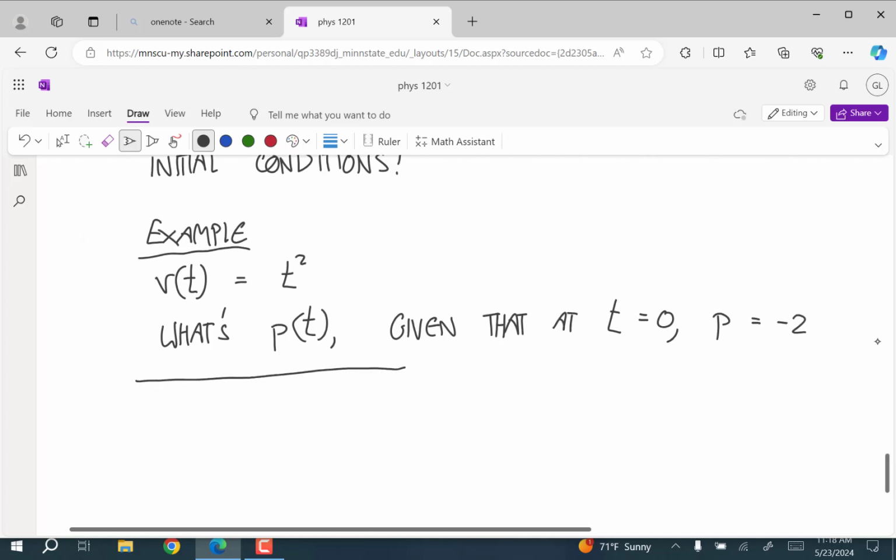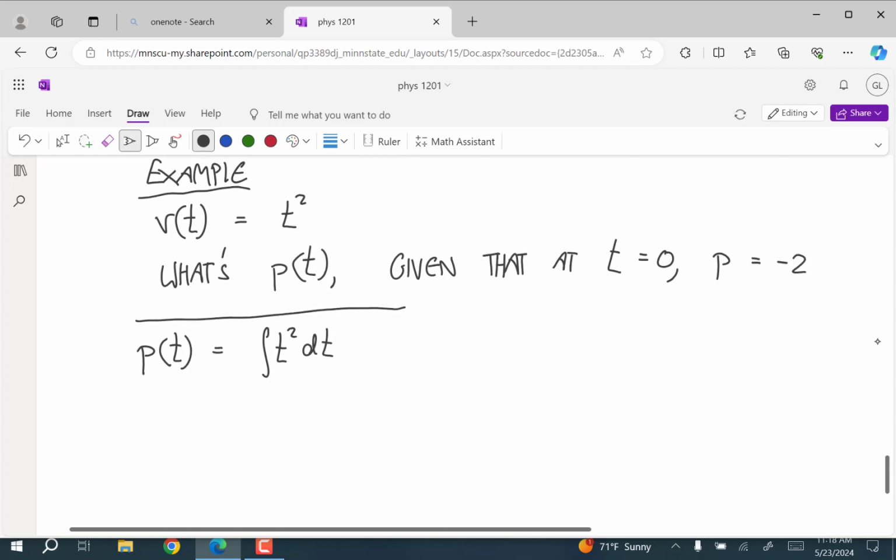Well, to find position as a function of time, we have to integrate this velocity as a function of time. And so the position is equal to the integral of t squared with respect to time. And so p is equal to t cubed over 3 plus this constant of integration.